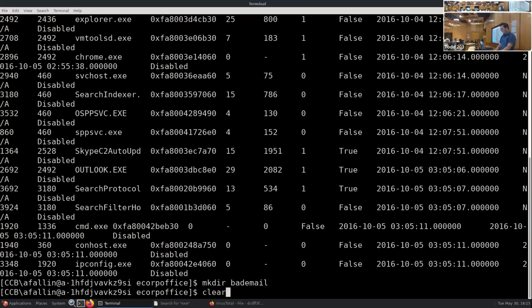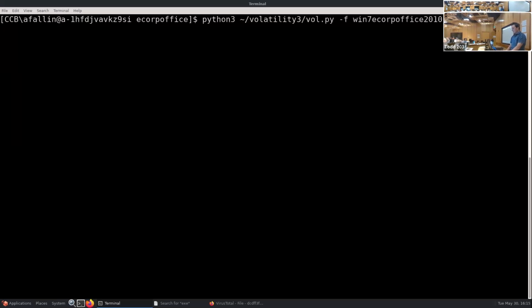Then we're going to start out the same way we have in the past for running volatility commands. We are going to do the -o, and then we're going to do windows.memmap --dump -pid, and then our email process ID was 2692.